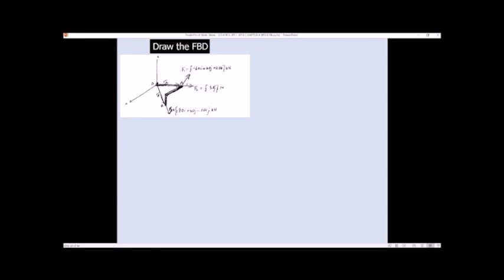So for position vector ROA, there are two forces, which are force F1 and force F2. Meanwhile, for the position vector ROB, there is one force, which is force 3. With all the information, we need to determine the position vectors, which are ROA and ROB.